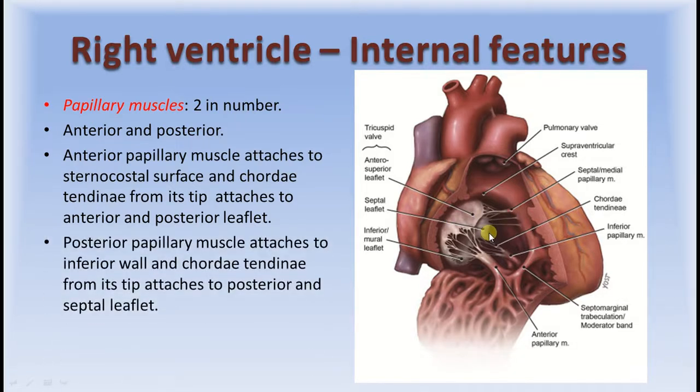Here I have given description for two papillary muscles, anterior and posterior. Most commonly found are the anterior and posterior papillary muscles.